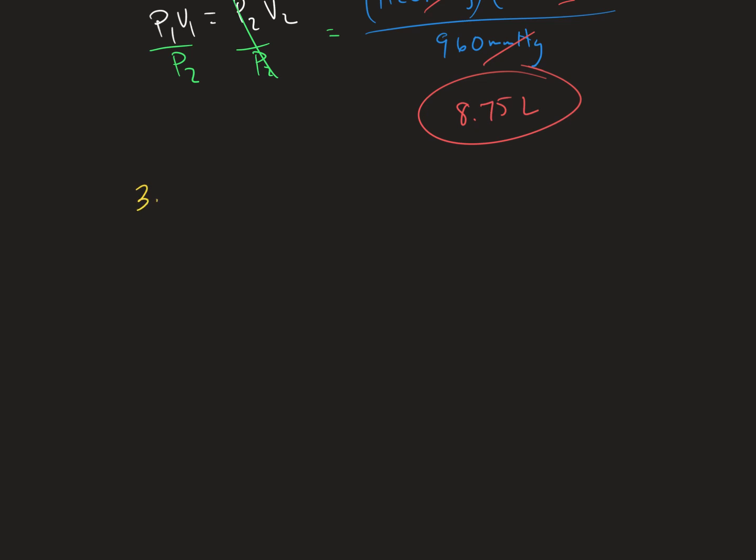Let's say we have 3 grams of hydrogen gas at STP. We want to know how many liters of oxygen gas we have in this reaction.